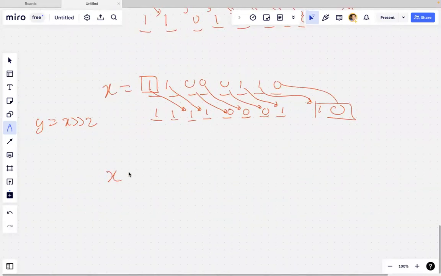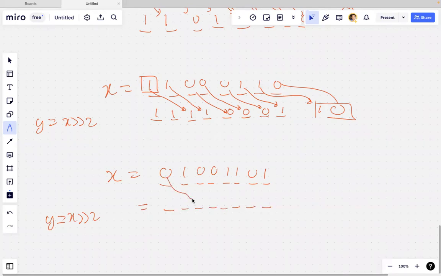Again, another example. Let's say 0 0 1 0 1 0 0 1, 1 2 3 4 5 6 7 8, 0 1. Okay. y equals x right shift by 2. Then what would be the y? 1 2 3 4 5 6 7 8.